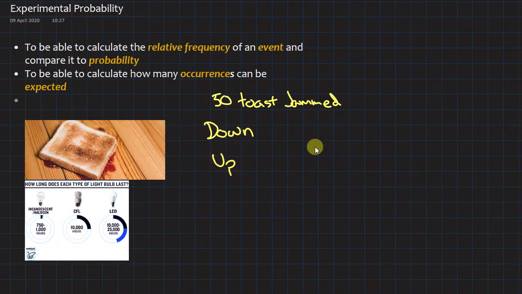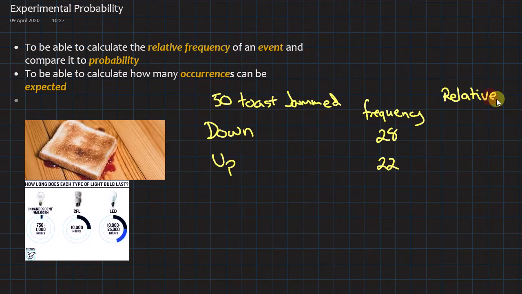As you go through, you tally it up, maybe with a tally table in between, and then you'd record the total frequency at the end. Maybe jam down came up 28 times, and up came 22 times. Now we can use this to calculate what's called relative frequency, and that's just a ratio, a fraction of the times it came up.